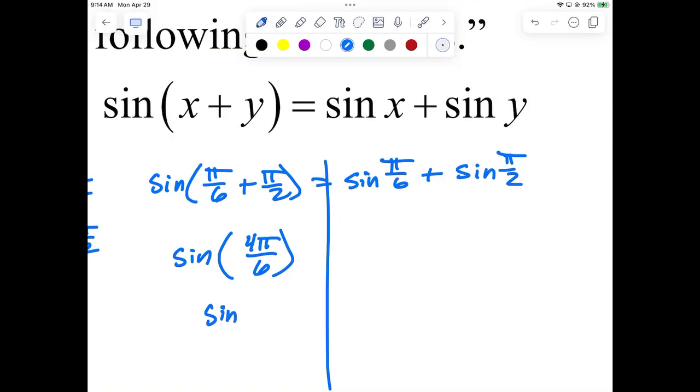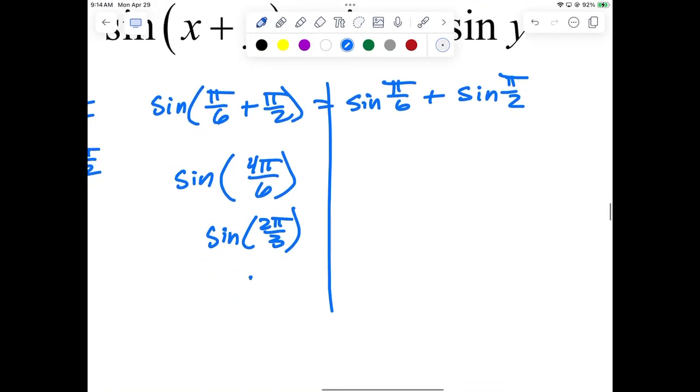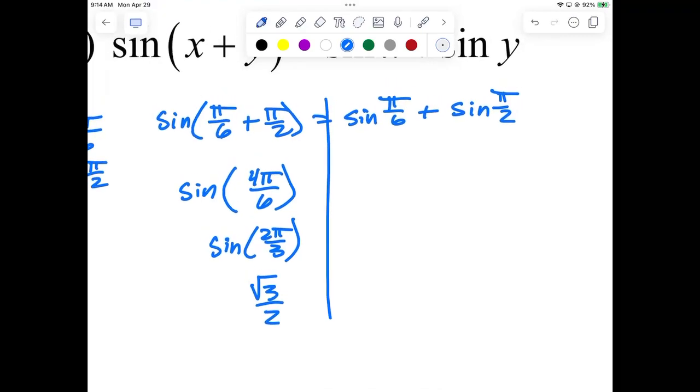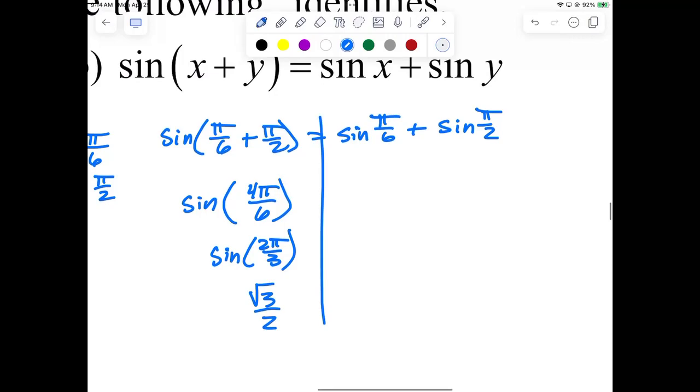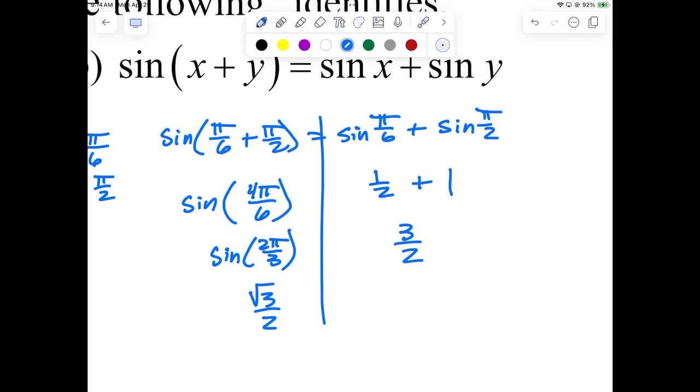That's sine of 2 pi over 3, and sine of 2 pi over 3 is square root of 3 over 2. On the right-hand side, sine of pi over 6 is a half, and sine of pi over 2 is 1. So I get 3 halves. Does 3 over 2 equal the square root of 3 over 2?